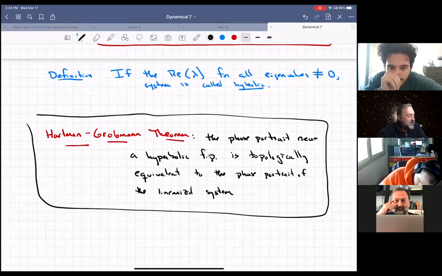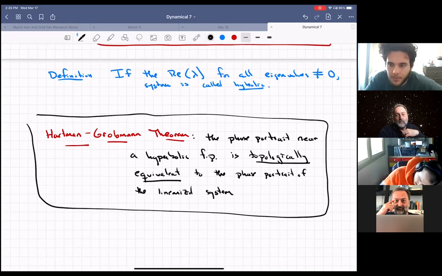So we've got the idea of a hyperbolic fixed point. We've got the idea of topological equivalence. So topological equivalence is things that you can deform into other things without punching holes in them, essentially, or breaking them in some way.